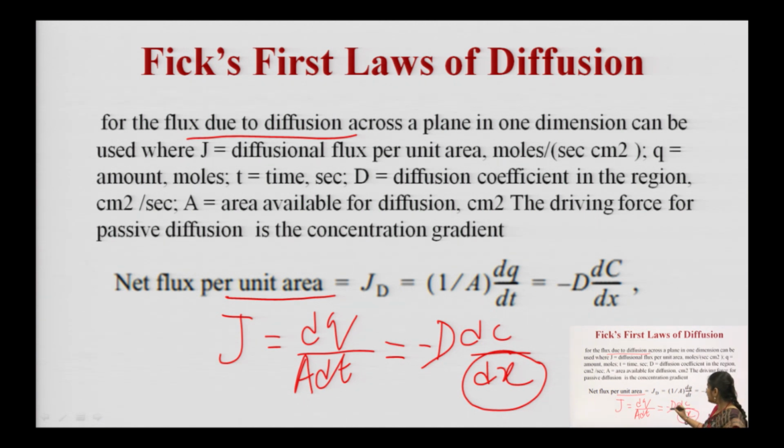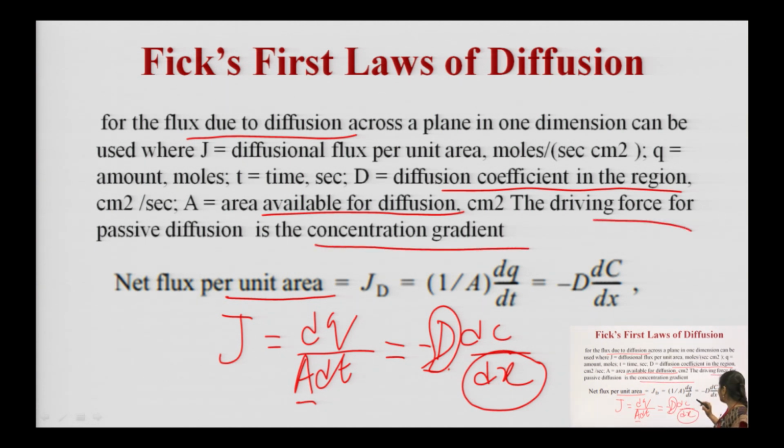So, minus, this D is a proportionality constant. What is this D? This is called the diffusion coefficient in the region, and this A denotes the area available for diffusion, and the driving force is your concentration gradient. So, it is written as dC by dx.